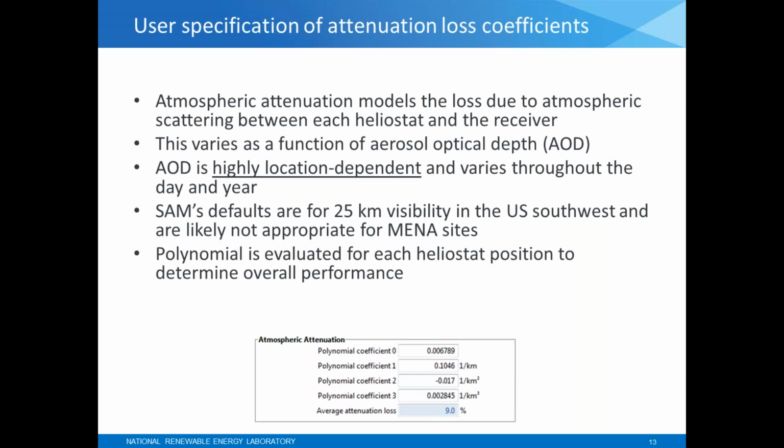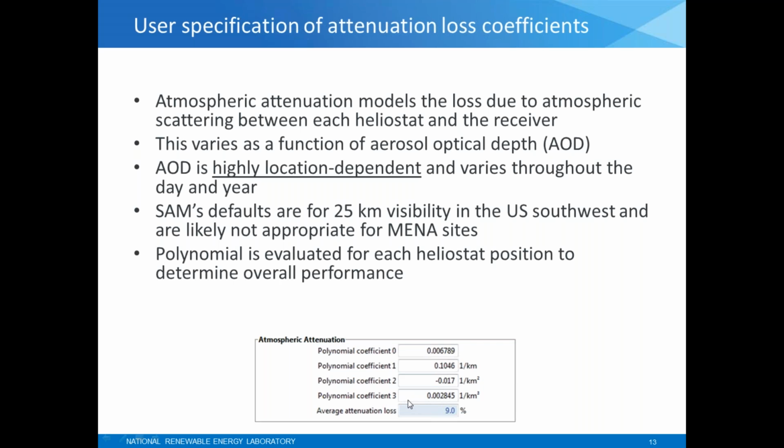So attenuation has come up as more of an issue recently, because I think people are looking at building plants in areas where the atmosphere is not quite as clear as the U.S. Southwest, where we're accustomed to modeling systems, at least here in the U.S. So if you're talking about building a plant in Spain or in the Middle East, North Africa region, the aerosol content in those locations is significantly different, and in some cases more intense than what we are typically seeing here.